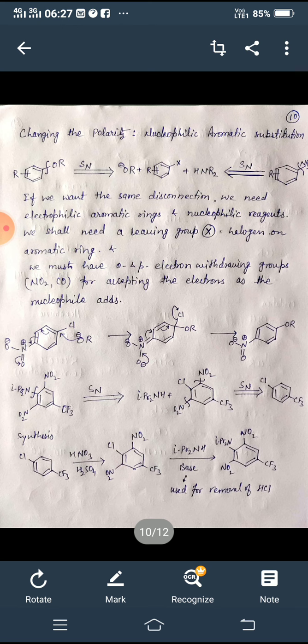If we take an example, here two examples are there. In the first example, the CO bond is disconnected. In the second example, the CN bond is disconnected.